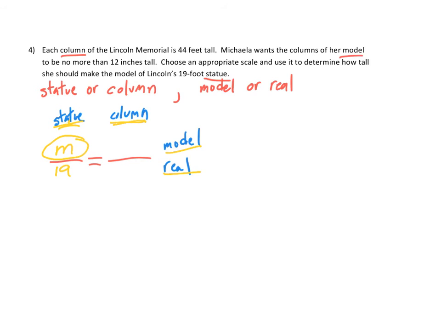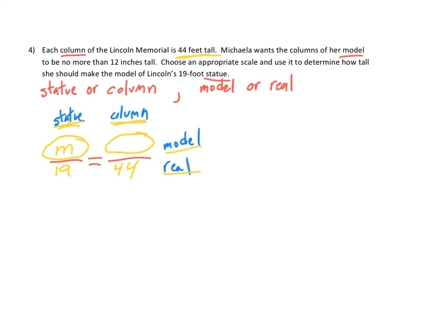The real column is actually 44 feet tall. So I'm going to put that in here. And this was kind of interesting. It says Michaela wants the columns of her model to be no more than 12 inches tall. So I could put in a 12 in right here.